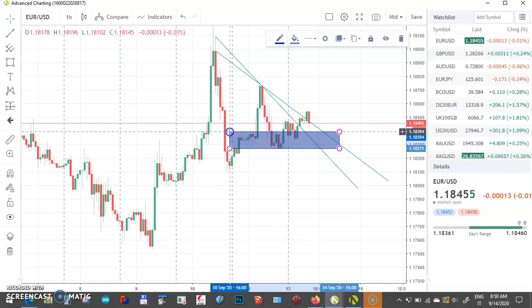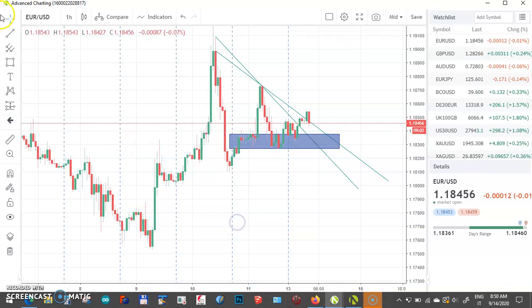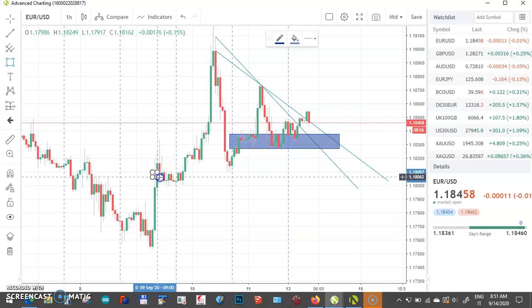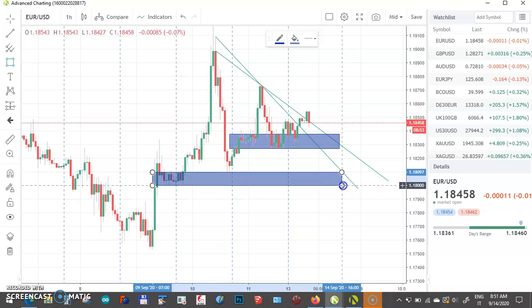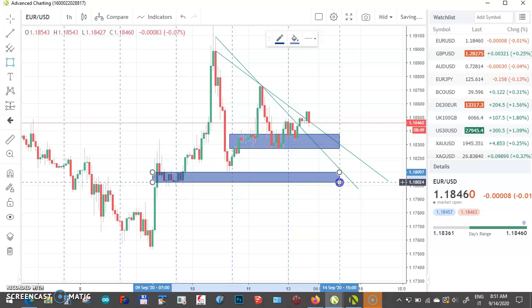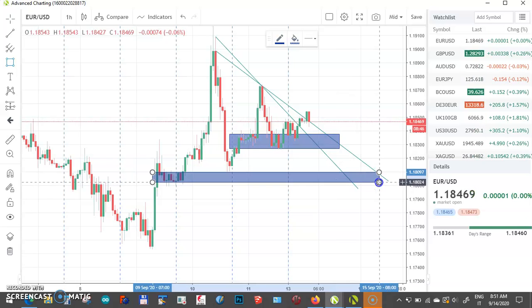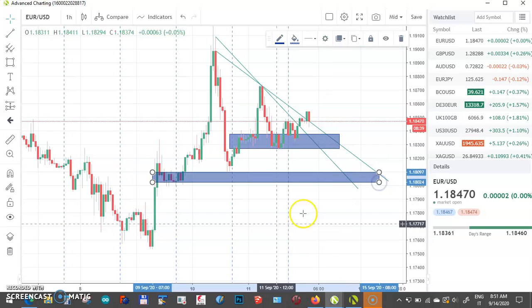And I will say this area, and this area has not been worked yet, and will be a future position of the market.